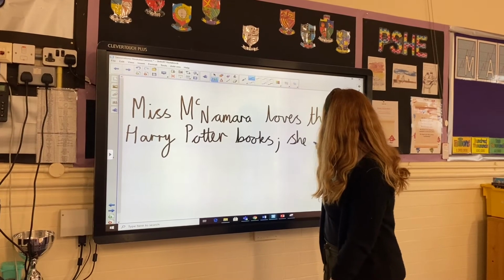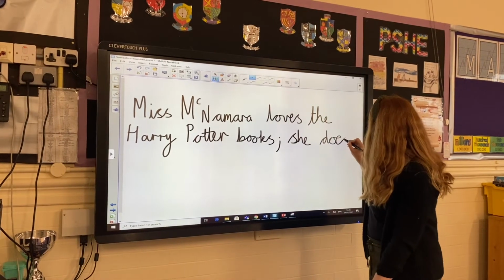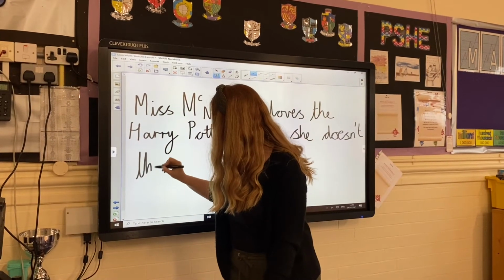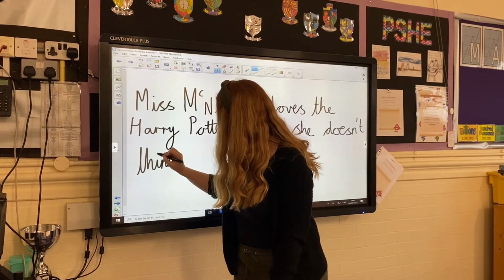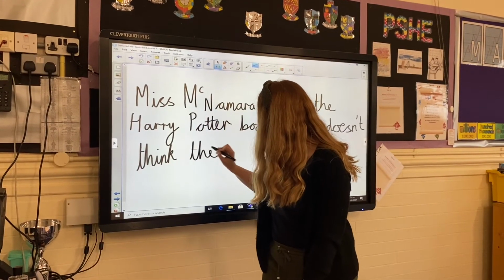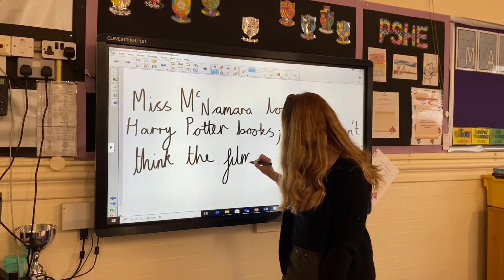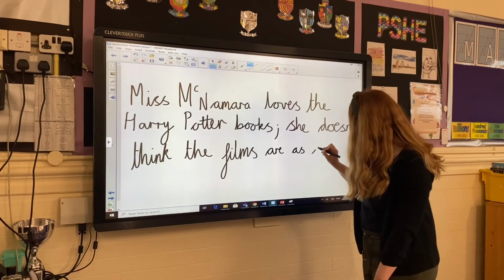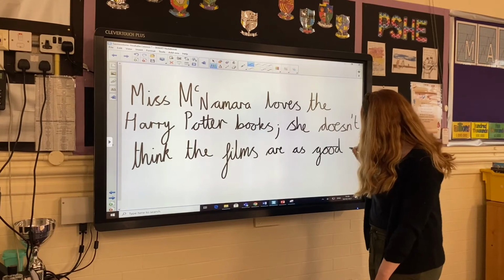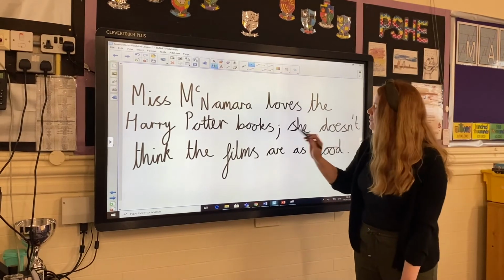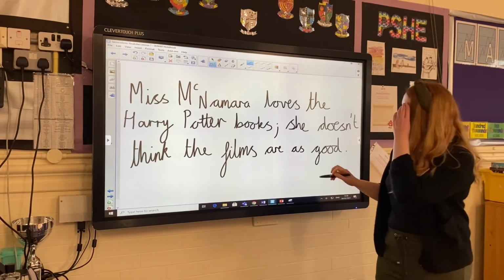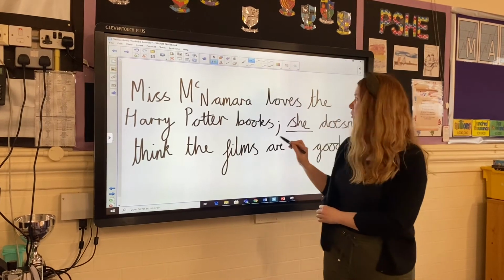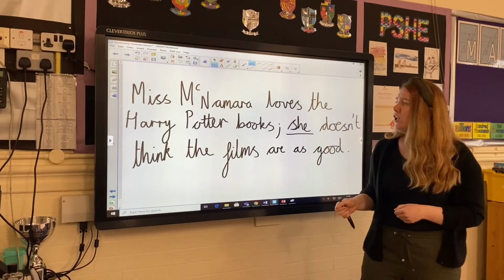She doesn't think the films are as good. So we've got Miss McNamara loves the Harry Potter books; she doesn't think the films are as good. Now you'll notice as well that after my semicolon, I've replaced the noun, Miss McNamara, with a pronoun just so it's not too repetitive.